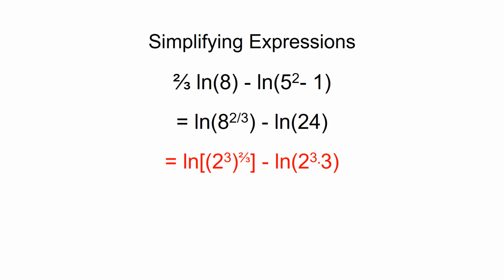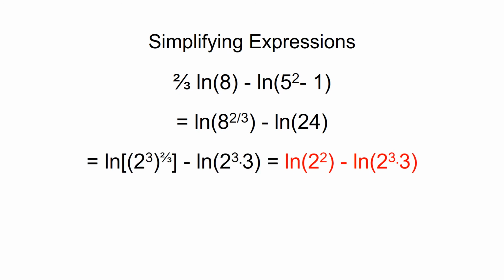When we simplify further, we see that the first term becomes 2 cubed, still raised to the 2/3 power, and the second term becomes the natural log of 2 to the third times 3. When we simplify again, the first term becomes 2 squared, natural log of 2 squared. The second term, we haven't done anything to it yet, so it's the same as it was in the last step.